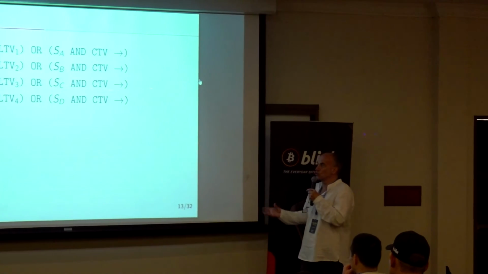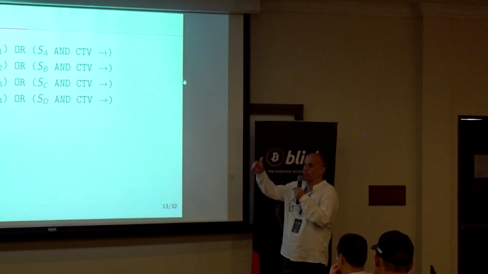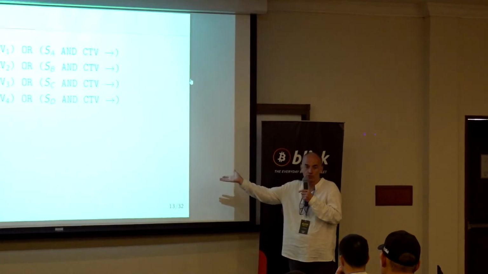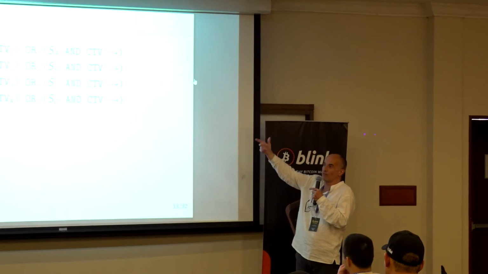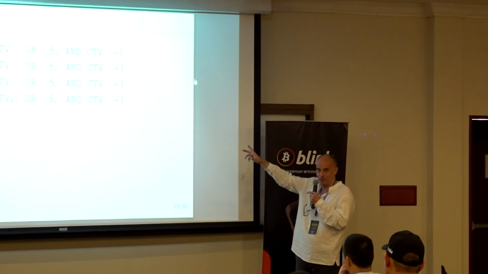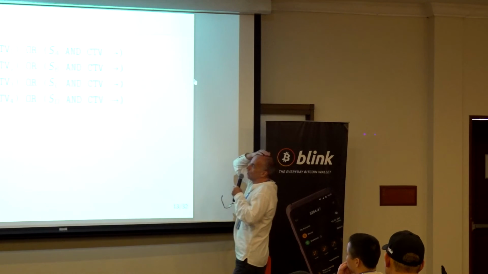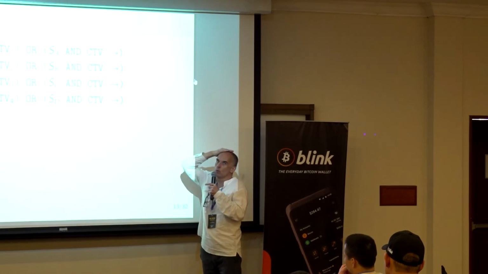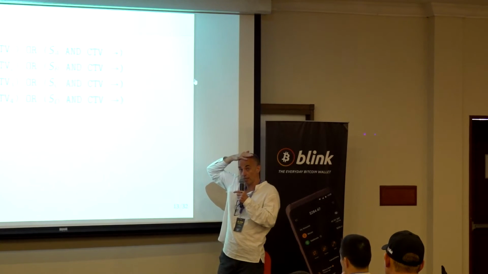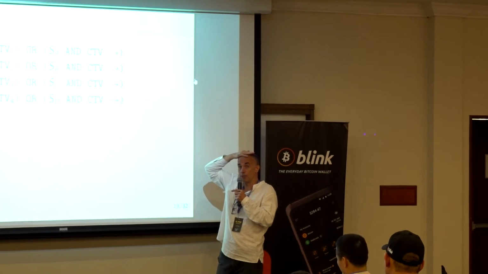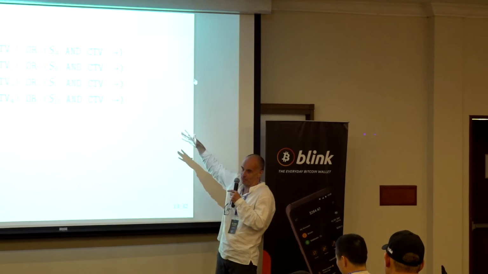Because the problem is if you just do it naively where each person pays a penalty to the next person, you have the problem of collusion, because there's a lot of people involved. So you always have to assume that everyone else is colluding against you, right? That's the default assumption. And in that case, the only way to ensure that if you were cheated, you would get paid, would be if every penalty paid out to every other person the amount of the coin, which is really bad. It's already bad, but that would be really bad.